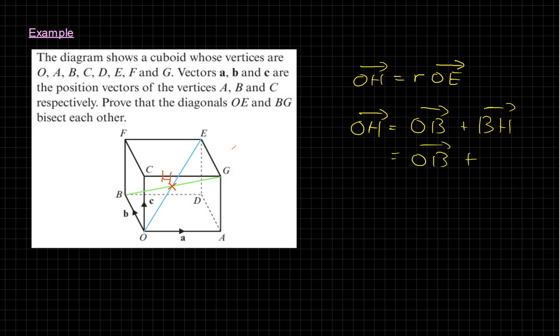If I replace BH with another unknown, it's some distance along this BG line, isn't it? I don't know how far, but it's some distance along there. So let's draw that one. Let's say S times BH. Sorry, not BH, BG. Some distance along that.